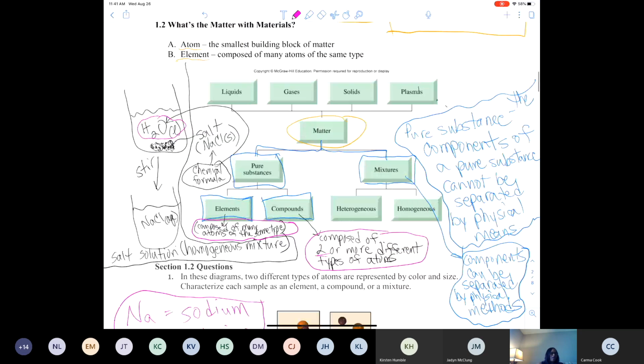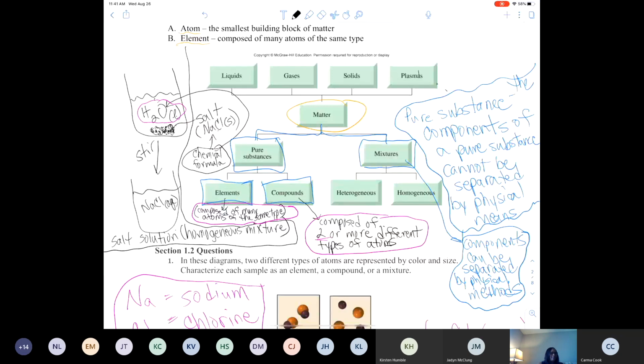So if I take some salt, sodium chloride, and put that sodium chloride in my sample of water, the water is in the liquid state, hence my little lowercase letter l there.